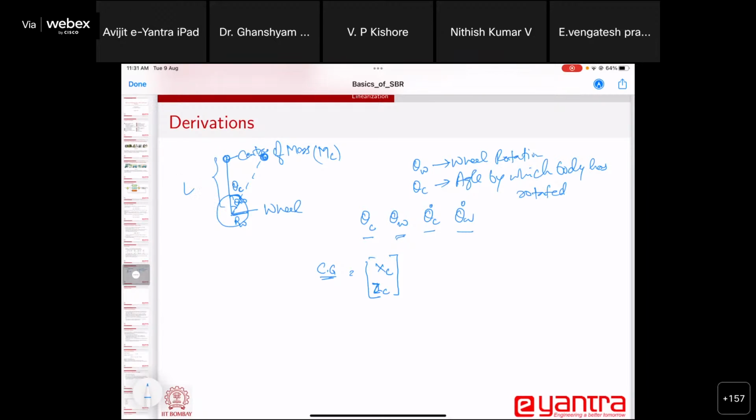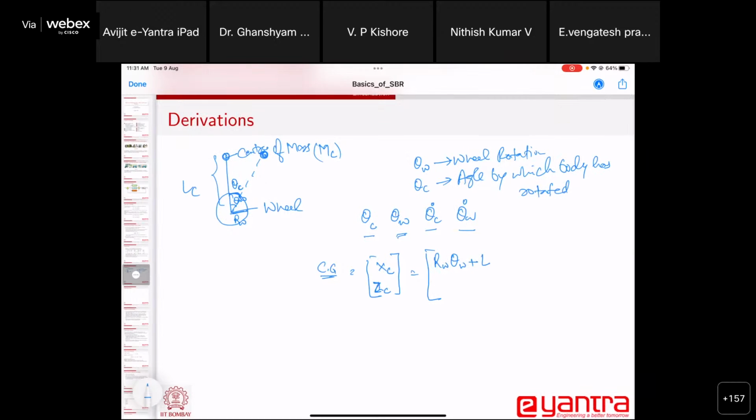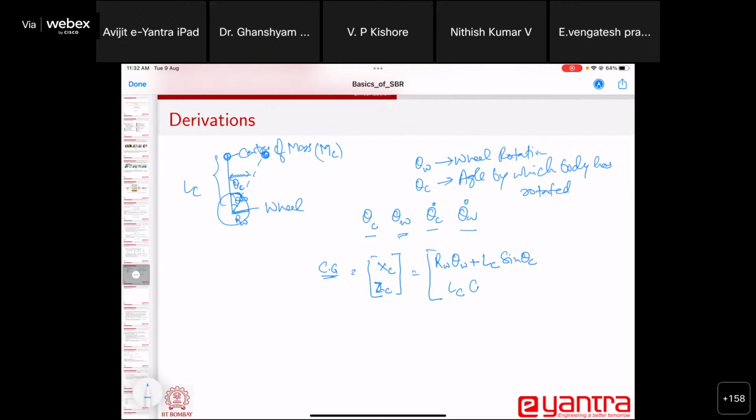If I assume LC to be the length of the pole, then XC will be RW theta W, that is how much it has moved because of the wheel, plus LC sine theta C, the X component of the tilted pole. Similarly, the Z component is LC cos theta C. Correct? I hope this is clear.